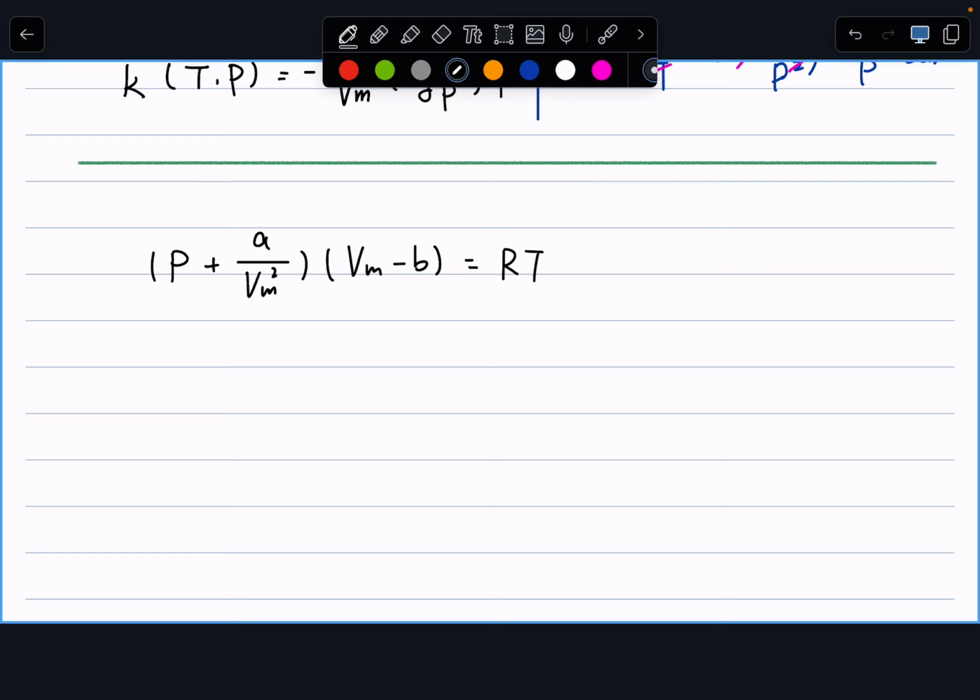All right, and can you write an expression of our thermal expansivity, which is alpha equals 1 over Vm times the partial derivative of Vm over T at constant P? So this is where math can get nasty, and we will be using calculus techniques to solve this kind of problem.